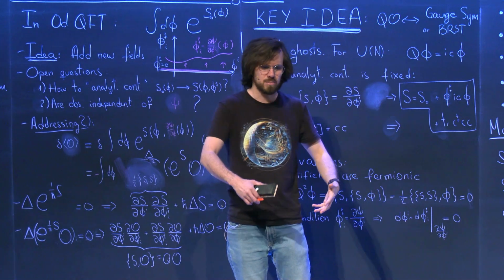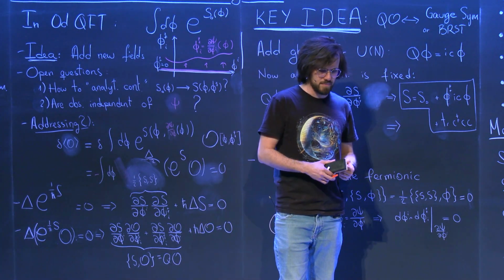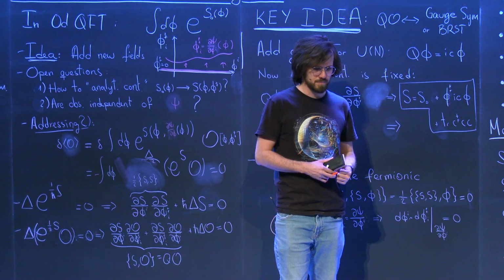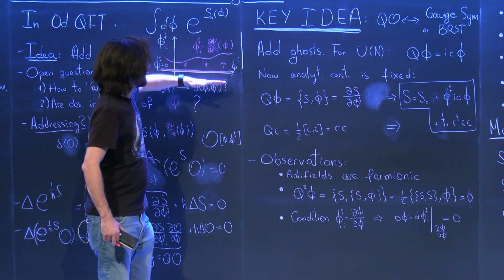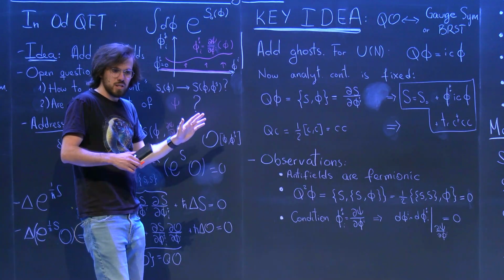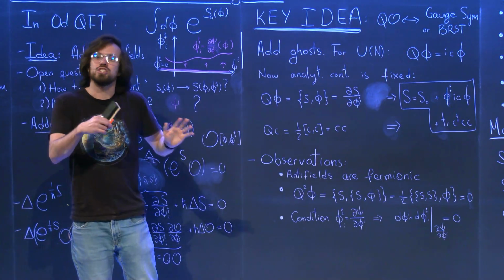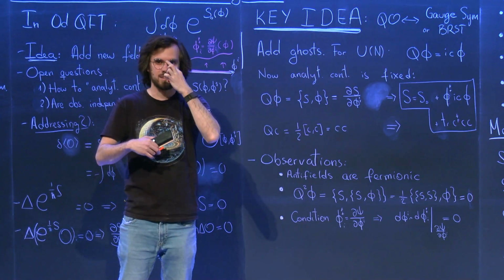So if we remember from our classical mechanics, essentially what we're doing is something like this: our field and our antifield are sort of canonical conjugates to each other, like x and p from classical mechanics.